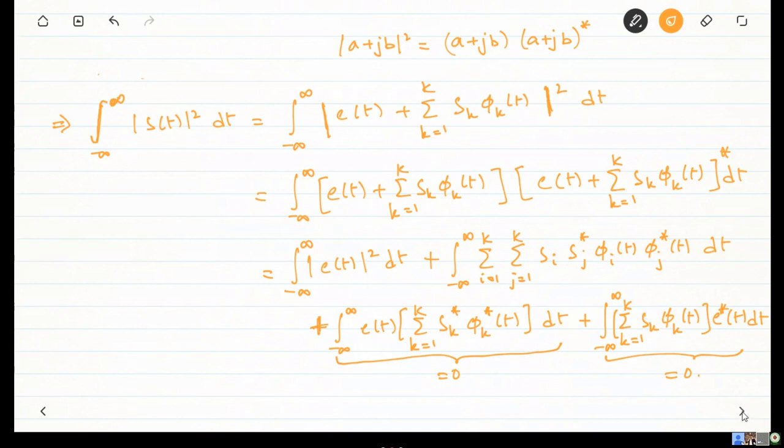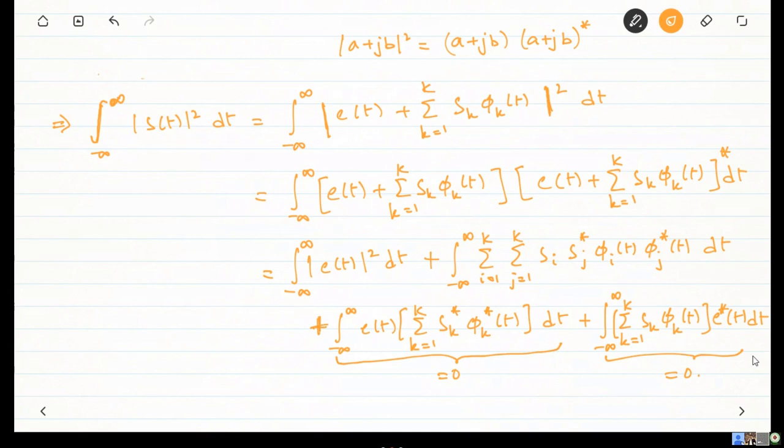So we found them when e of t is orthogonal to phi 1 of t, phi 2 of t, phi k of t, all phi 1 to phi k of t's.